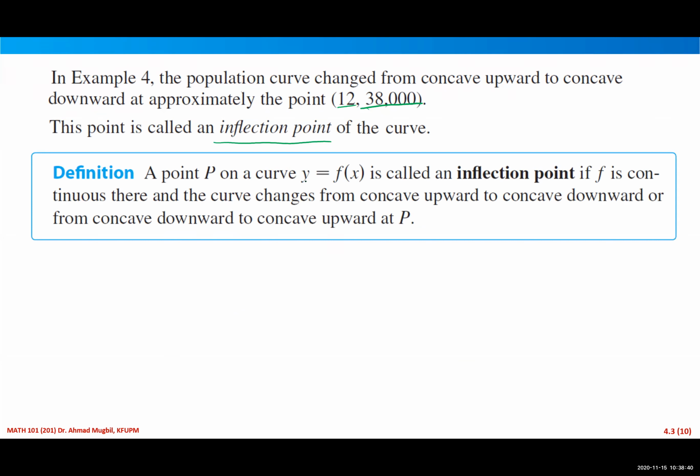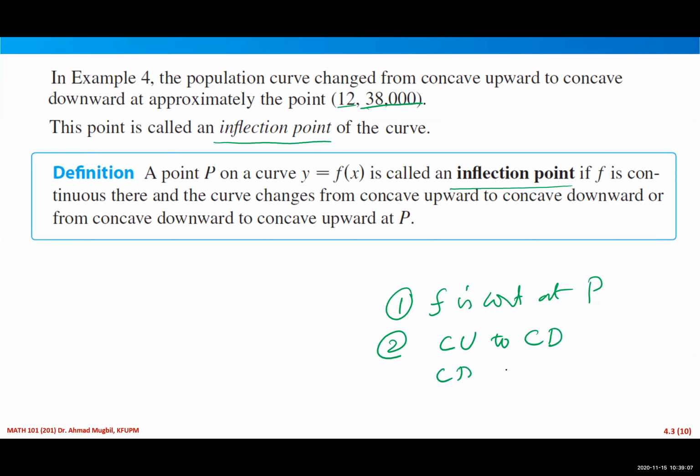A point P on a curve is called an inflection point if, number one, the function is continuous at P, and number two, the curve changes from concave upward to concave downward, or from concave downward to concave upward. Then it is called an inflection point.